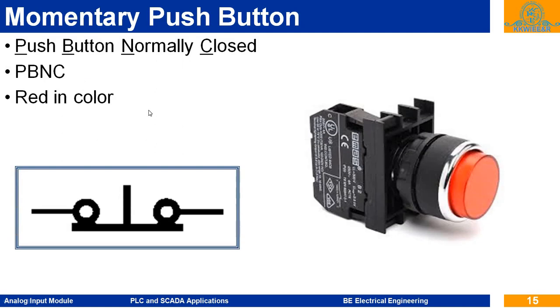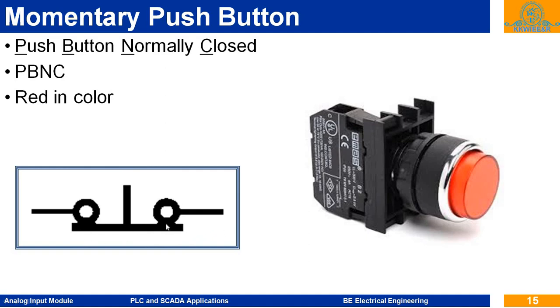The second one is push button normally closed, PBNC. This is closed, meaning the circuit is completed. When you have to disconnect the circuit, this vertical line is placed on the force side. When you apply the force from this vertical line, the normally closed contacts open and the circuit is disconnected.